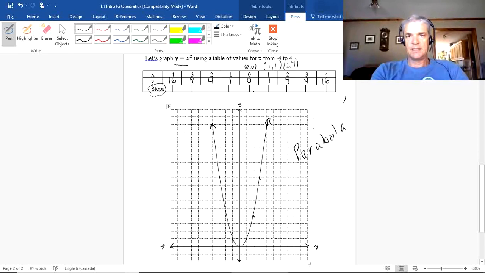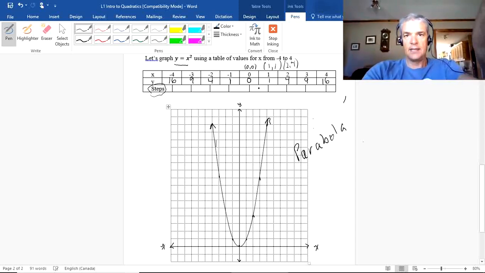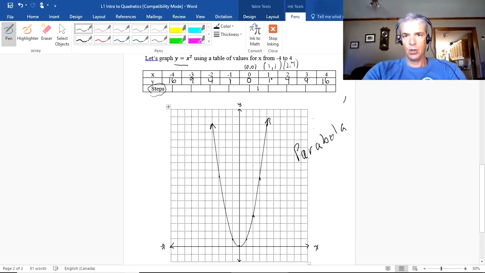And what I'm doing is I'm saying, as x goes up by 1, 2, 3, and 4, which are the values we pick, what happens to y? Well, it went from 0 to 1. What's the difference between 0 and 1? Well, that is a difference of 1. I think most of you can see that, right? 0 to 1.